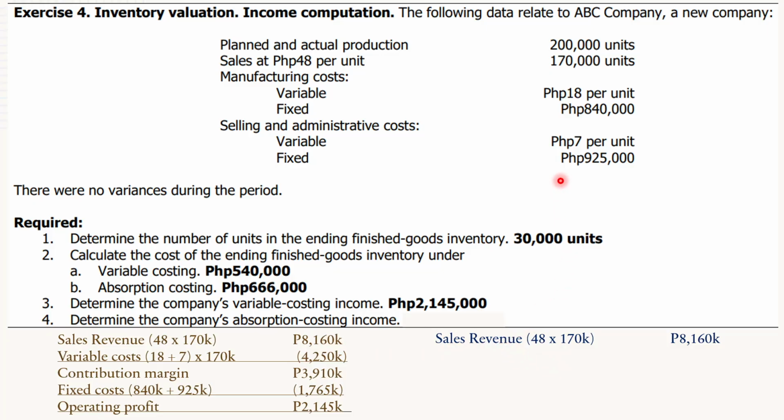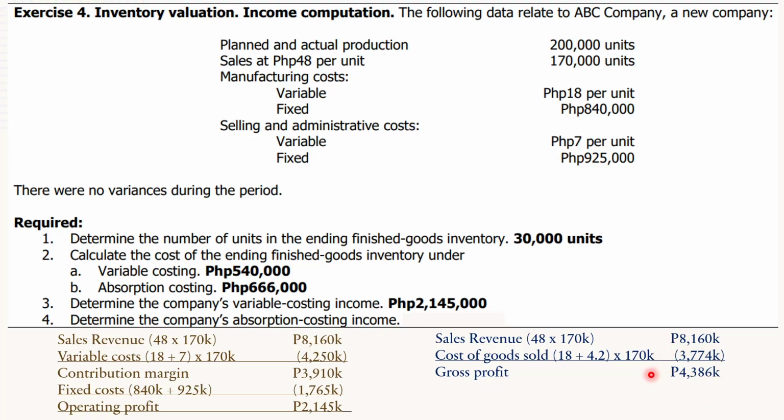Again, that would be 18 plus 4.20, 22.2, times the number of units sold, 170,000. Your cost of goods sold is 3,774,000. This would give you a gross profit of 4,386,000.